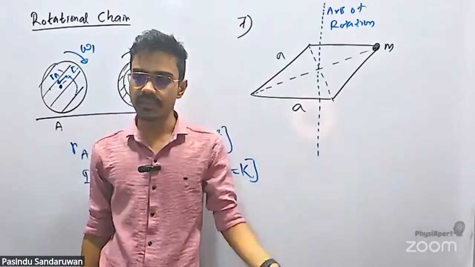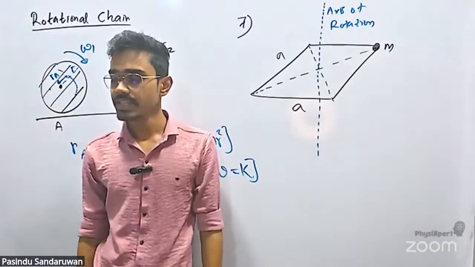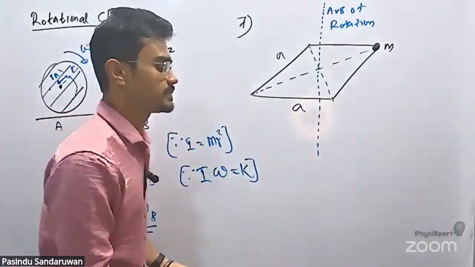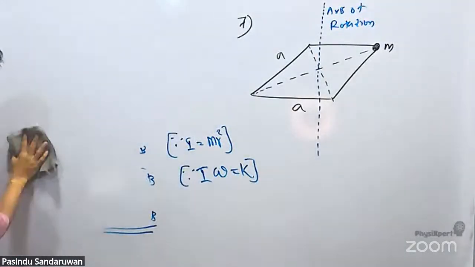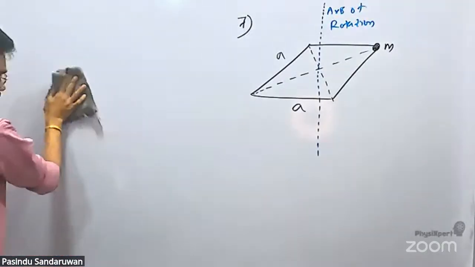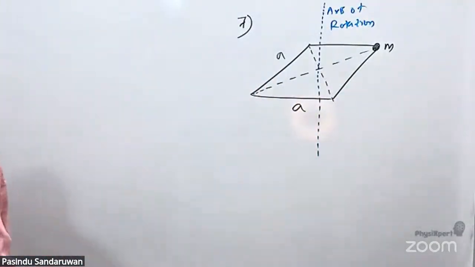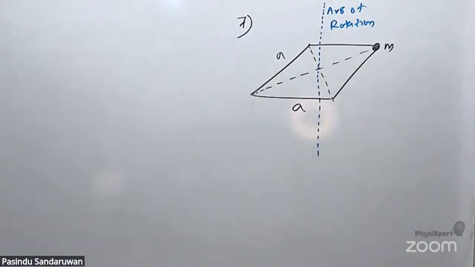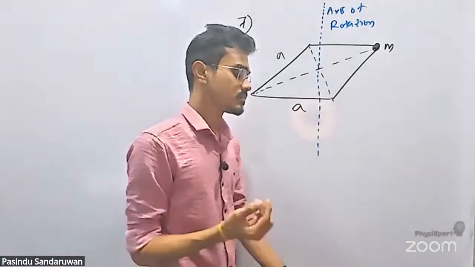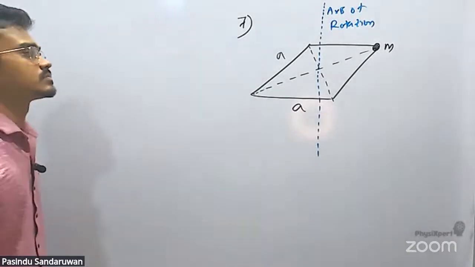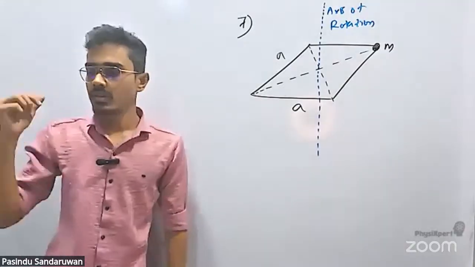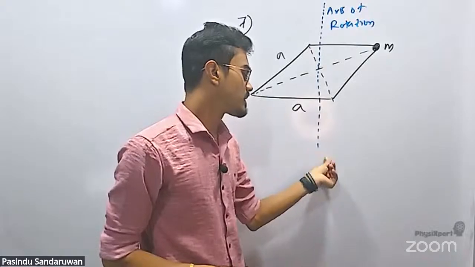The total moment of inertia of the system is given as 7/2 ma squared. Determine the moment of inertia of the plate. Okay, first take this down.